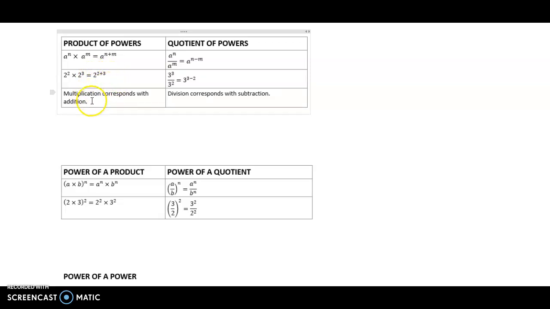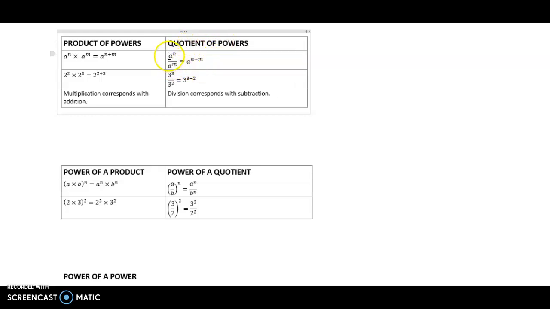Another note to take lana ukuthi multiplication corresponds with addition kwi-product of powers. Unlike kwi-quotient of powers, kumele wazi ukuthi ba difference products of powers ne quotient of powers. Kwi quotient of powers obvious quotient sesiyazi ukuthi igama quotient means we are dividing.